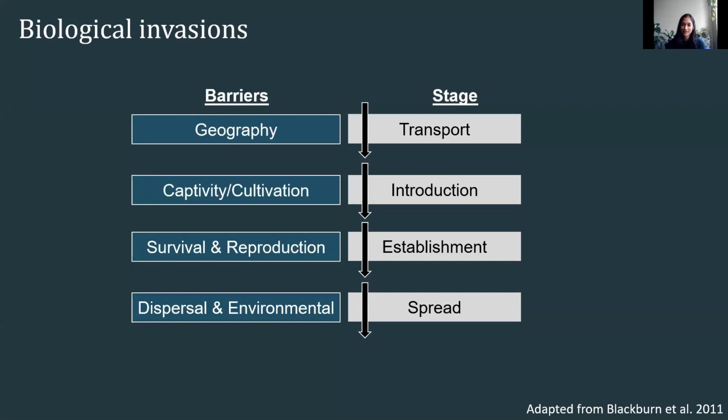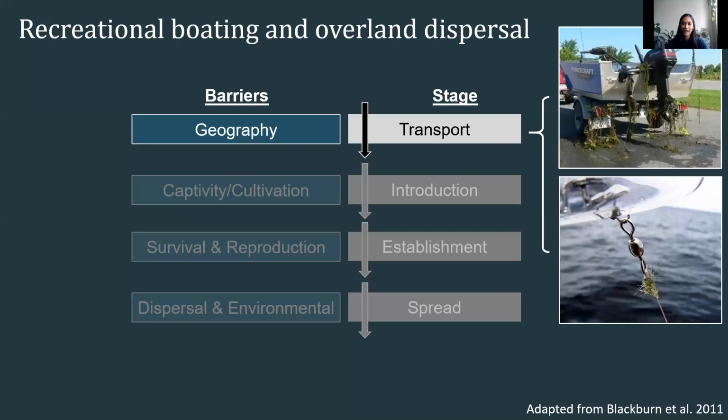So aquatic invasive species have historically been introduced into the Great Lakes via the release of ballast water from ships, but now other pathways include the pet and water garden trade, as well as live food trade and various recreational activities. So in fact, there is plenty of evidence that recreational boating activities are an important vector in the secondary spread of aquatic invasive species from a colonized environment to new disconnected lakes.